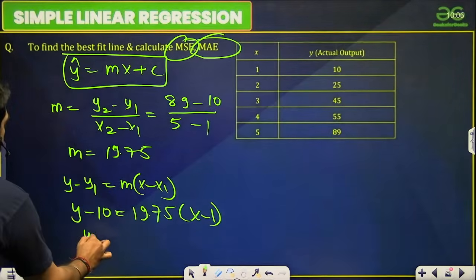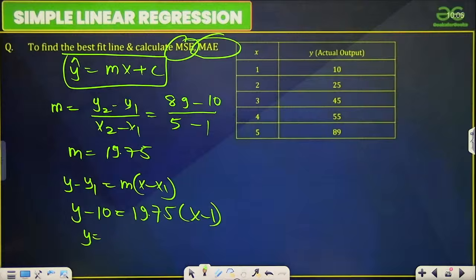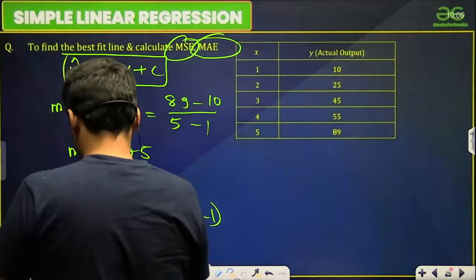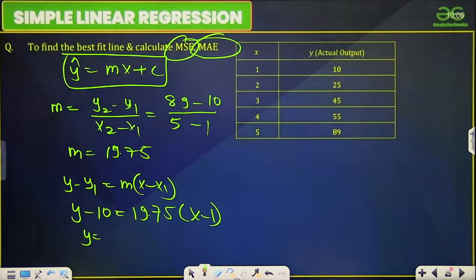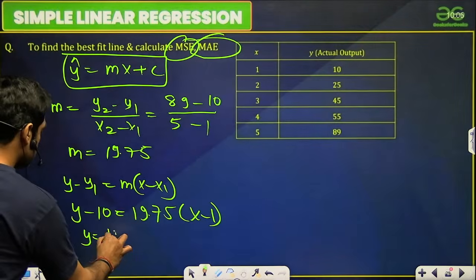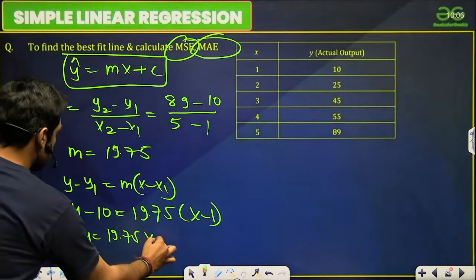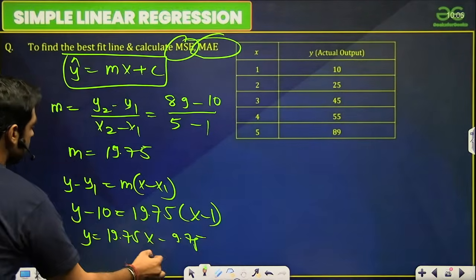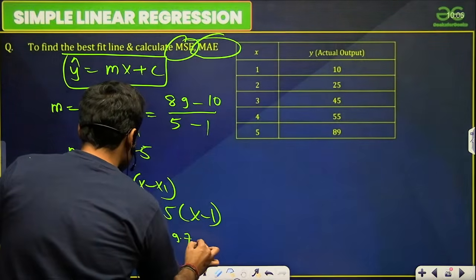Okay, so I can get y, that is equal to, yes, so tell me the value of y. I'll just give you the equation. Yes, so y would be 19.75x minus 9.75.